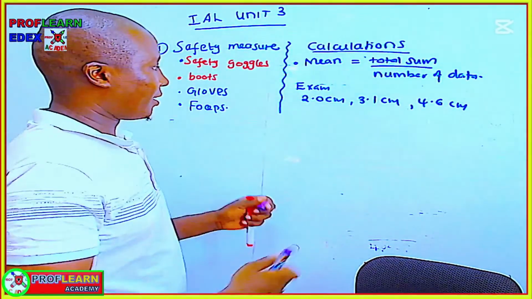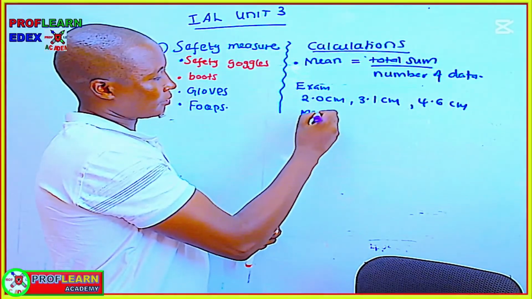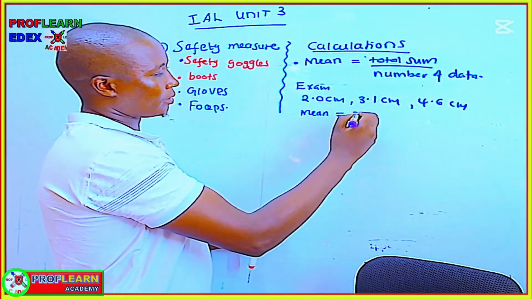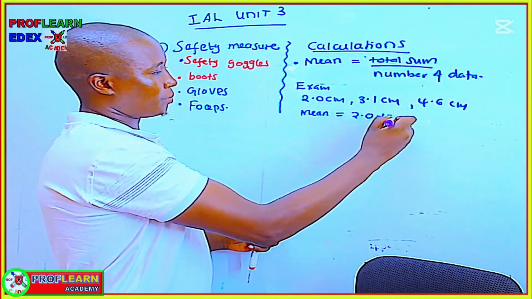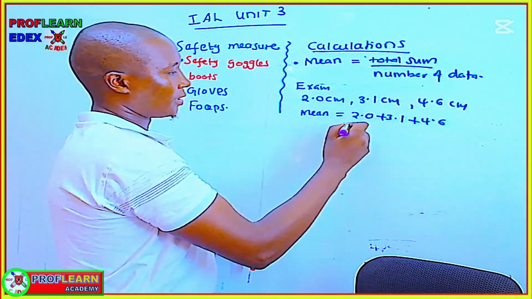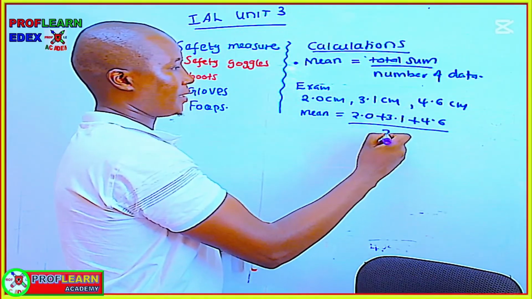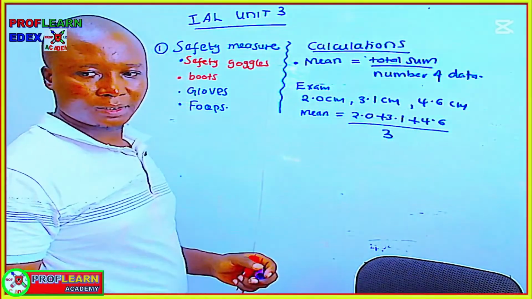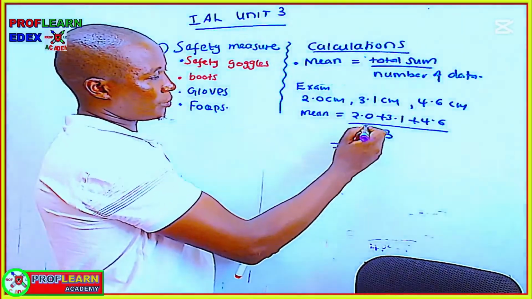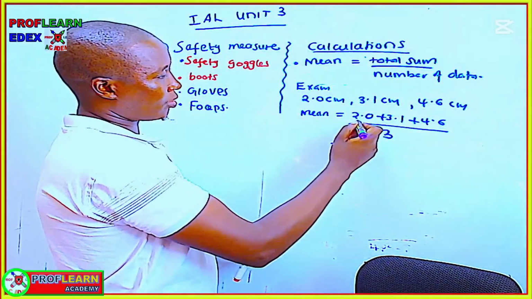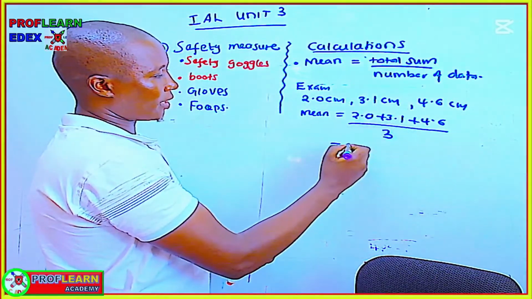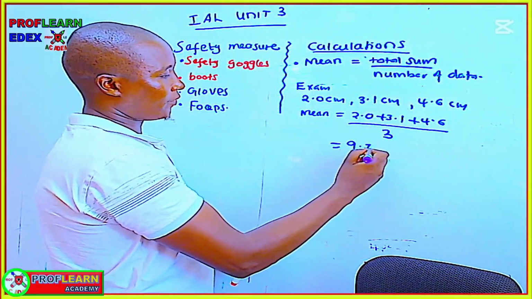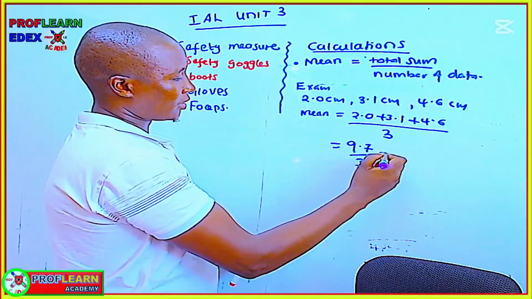To work out the mean, you are going to say the mean is 2.0 plus 3.1 plus 4.6 divided by how many are they? They are 3. If you add all this, this is 5, you add 4, that is 9.7 over 3 centimeters.